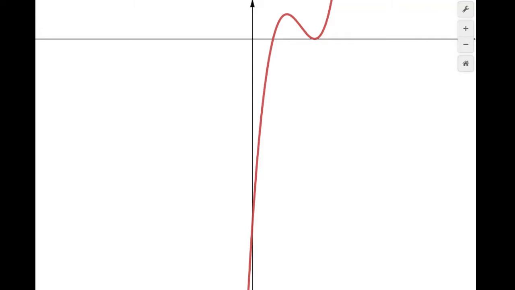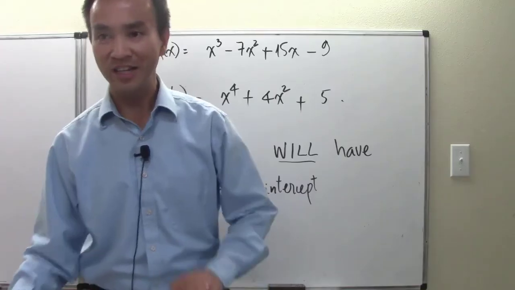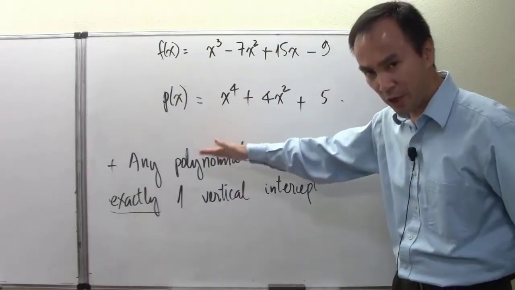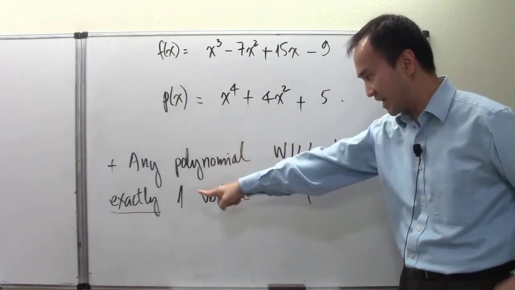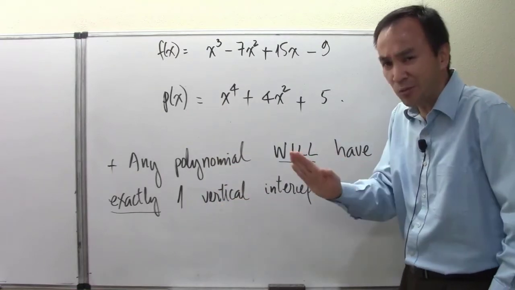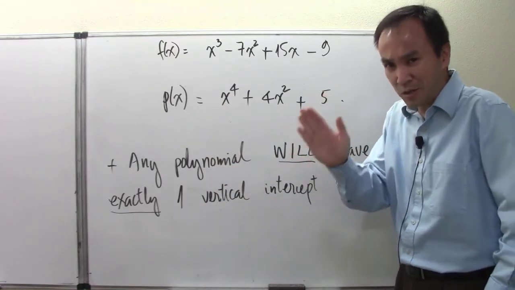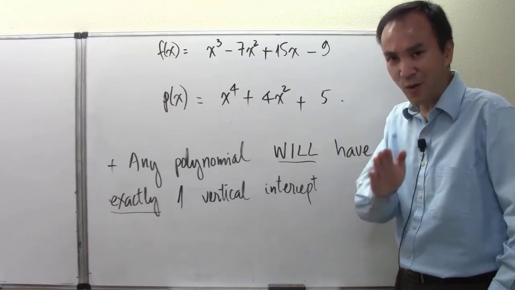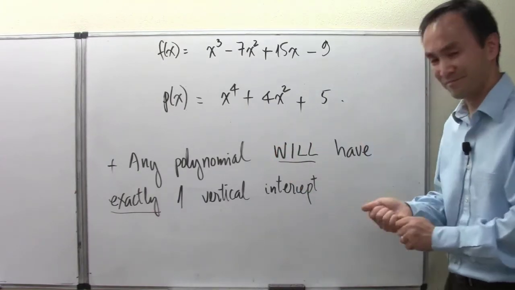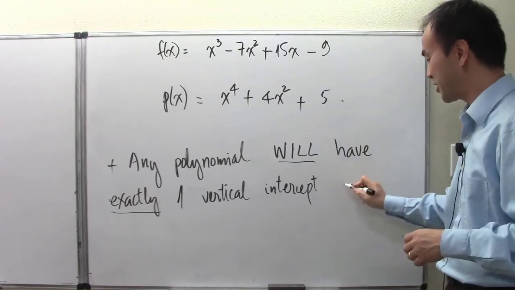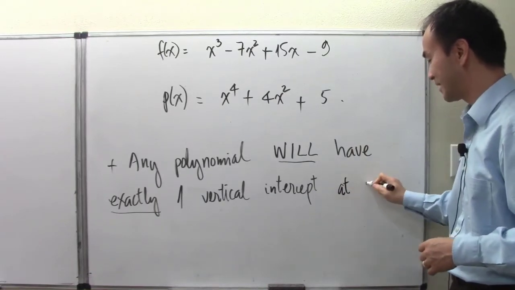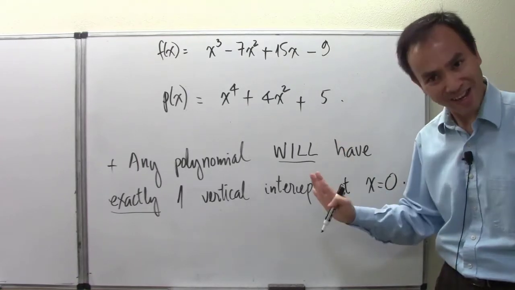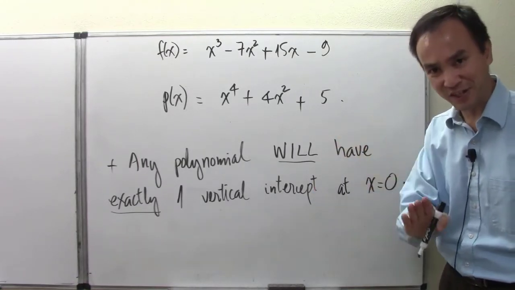All right. So now in that way, allow me to add into my sentence here. Any polynomial will have exactly one vertical intercept. Another way of saying it: any polynomial will cross the vertical axis, and this is particularly at x equals 0, because that's the way how we find the vertical intercept.